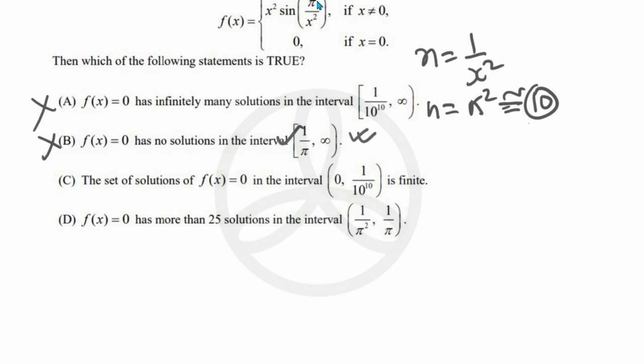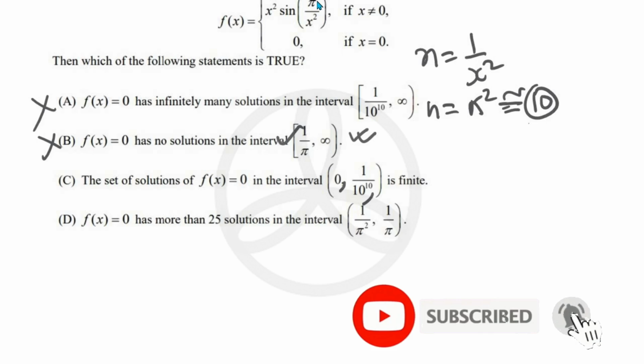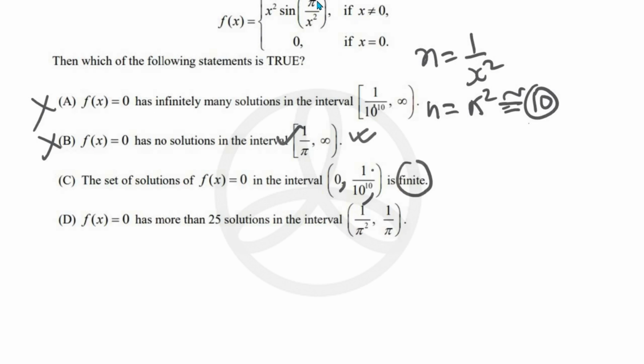These are discarded. The set of solutions in the interval is finite. This is again, this will become infinity and this will become 10 to the power 20, just opposite of this. And this is the set of solutions in the interval from 0. If we take 0 here in x square, this will actually become infinity.